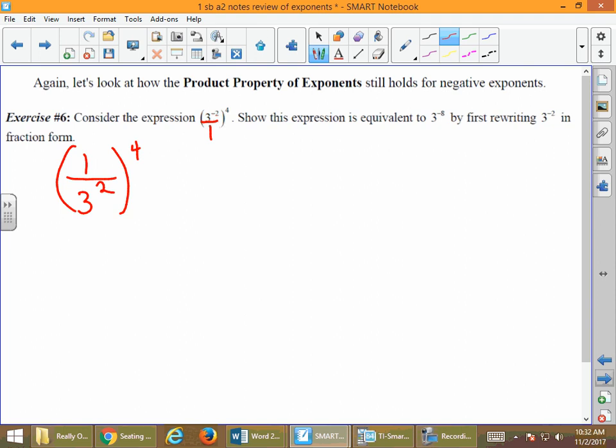So if we use our extended multiplication, we get 1 over 3 squared times 1 over 3 squared times 1 over 3 squared times 1 over 3 squared. And we can even write that out a little bit more, and again, I know I'm writing more than some of you need to.